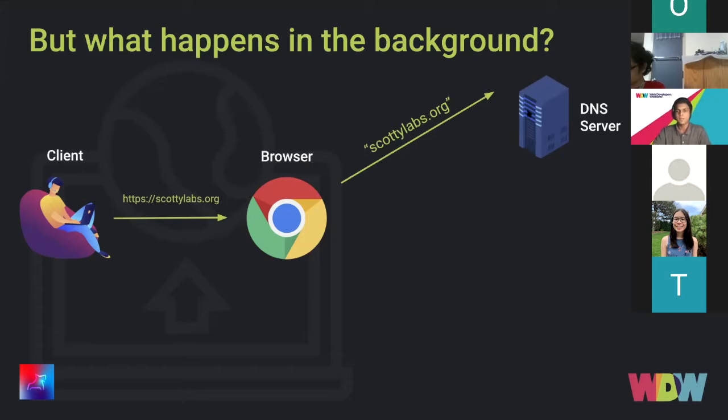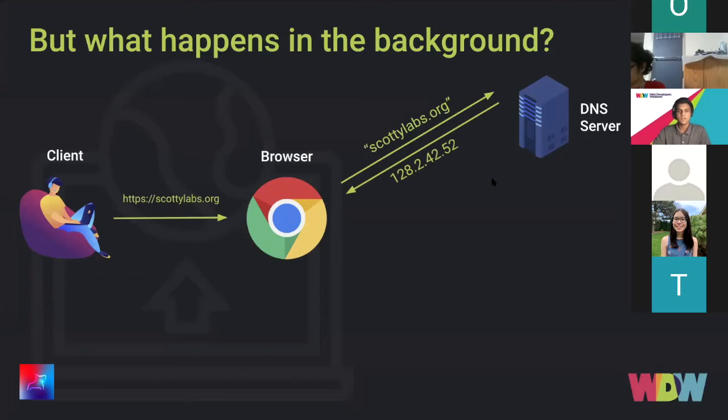The DNS server takes this string, ScottyLabs.org, looks through its directory, and returns an IP address. It reads the domain name and tells you the IP address of the web server that's linked to this domain name.